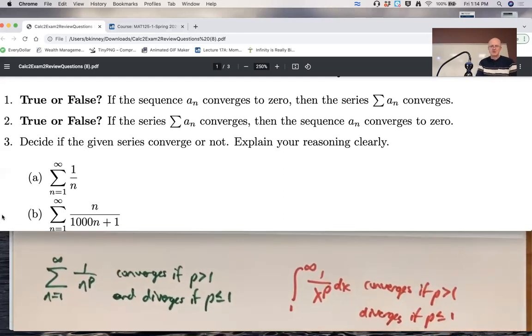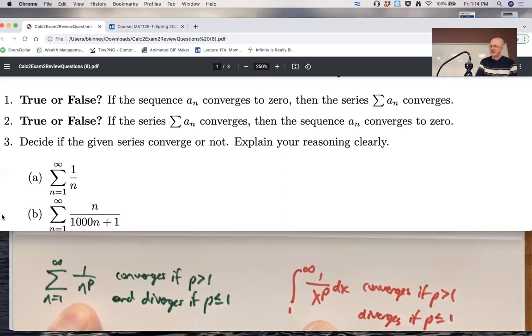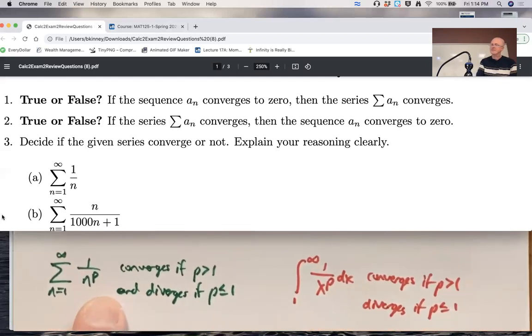And because the form of the terms there matches the form of the function we're integrating, if you know this fact, that's enough to imply this fact. Doing that for a general P is probably too tricky for an exam, but maybe I'd pick a specific P, like 1/2 or 3 or 7 even, and I'd say apply the integral test. That's not the way these problems are stated, though.